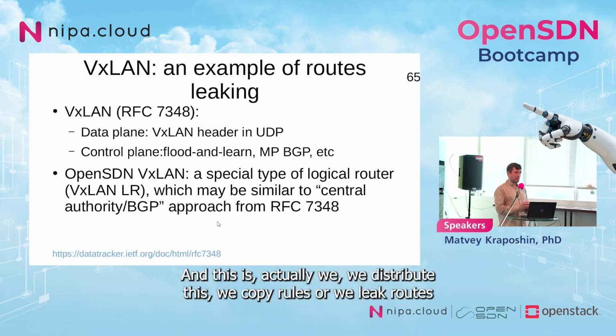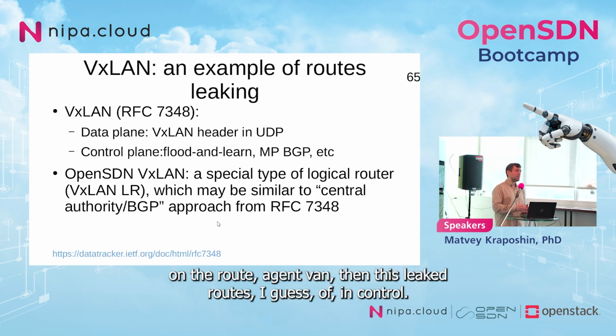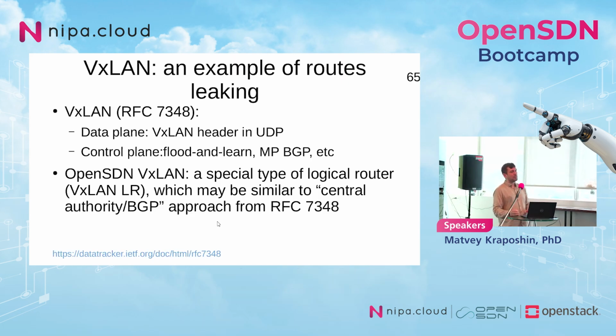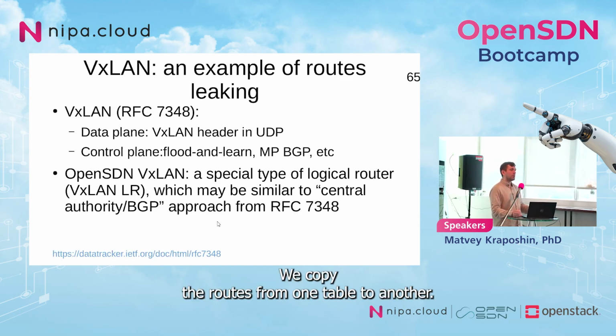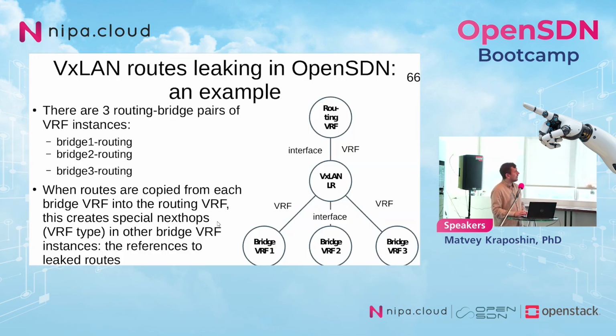Actually, we copy routes, or we leak routes, on the vRouter agent, but then these leaked routes are gathered in the controller. But the principal idea is simple. We copy routes from one table to another. An example is shown here.